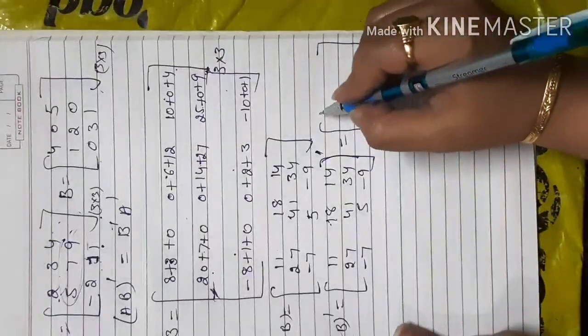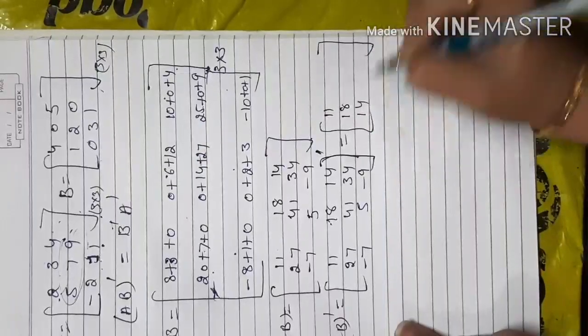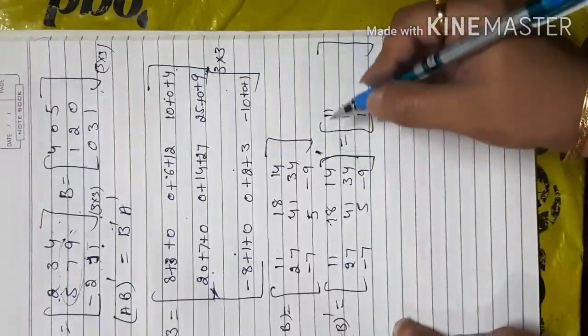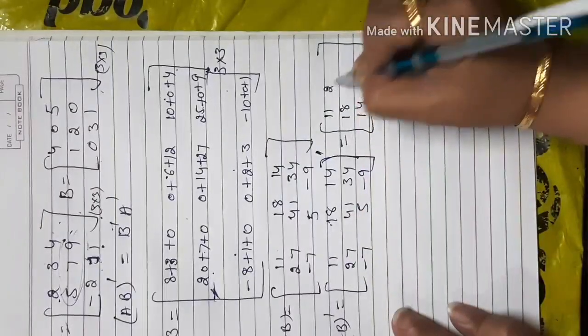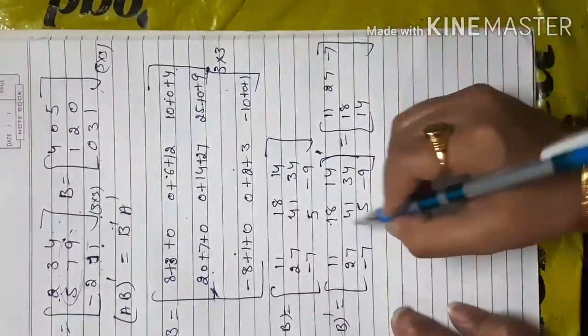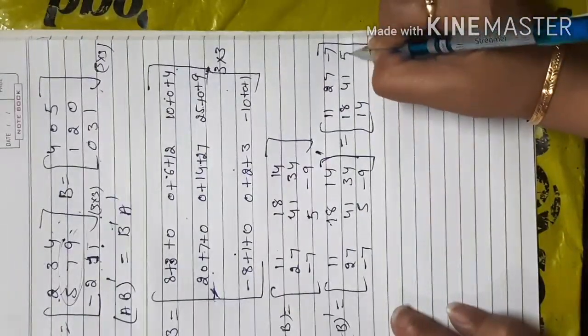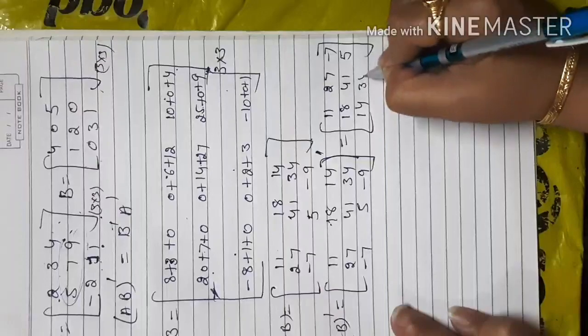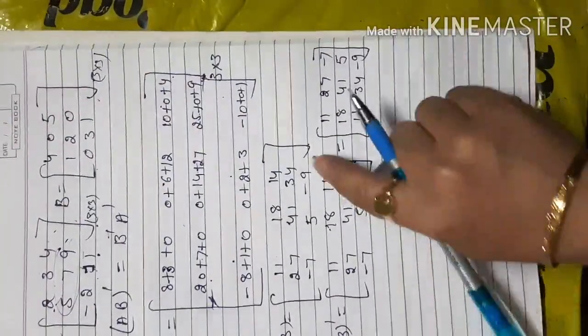So it will be 11, 18, 14. That means the first column will be considered as your first row, the second column is the second row, and the third column is the third row. After transposing, when you are removing this sign.